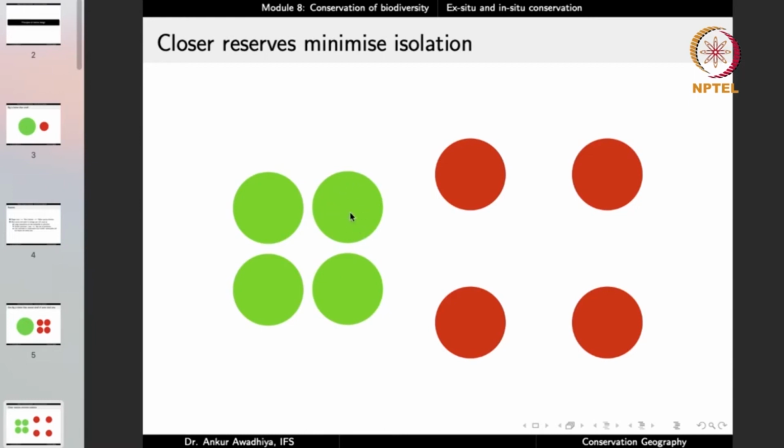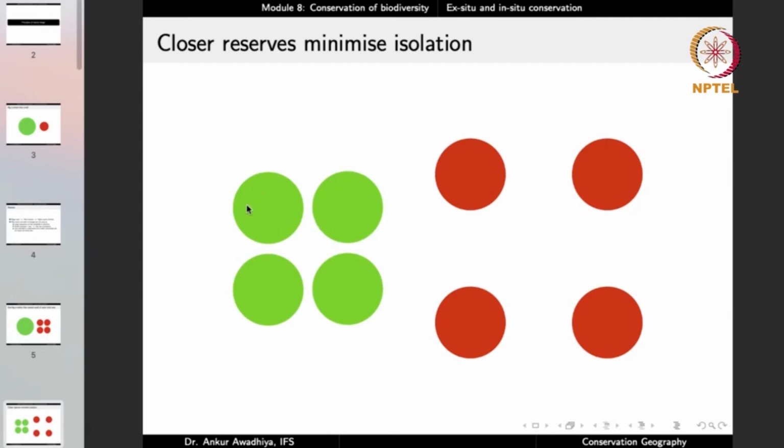Meaning that if suppose this small population begins to reduce in size, because of some stochastic things that occur, then individuals from here can migrate, individuals from here can migrate, individuals from here can migrate.